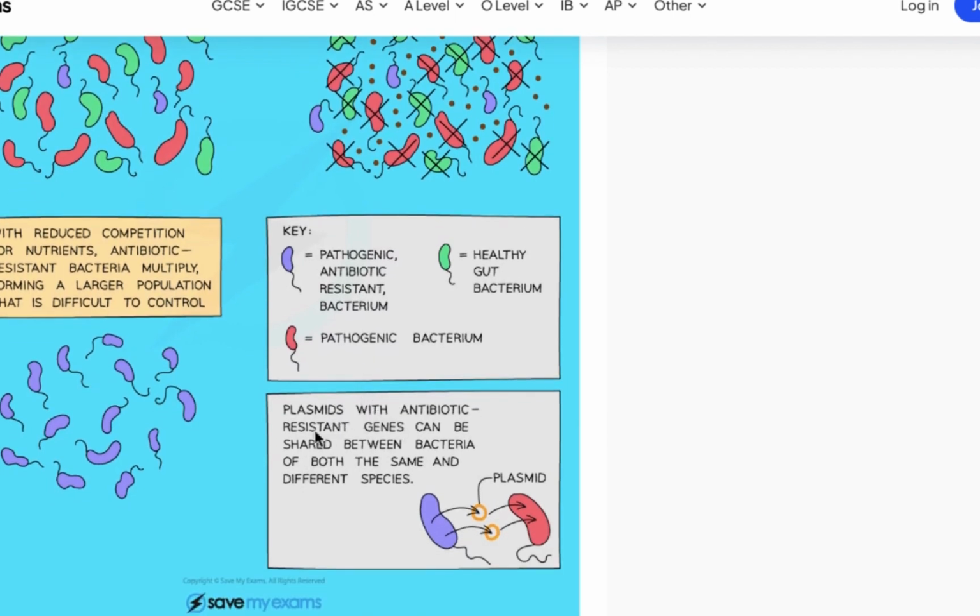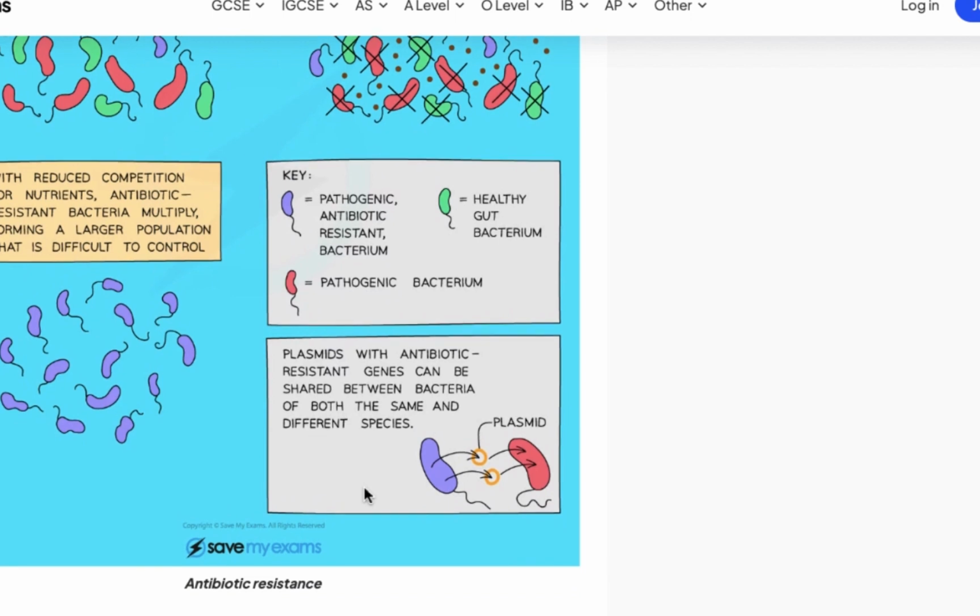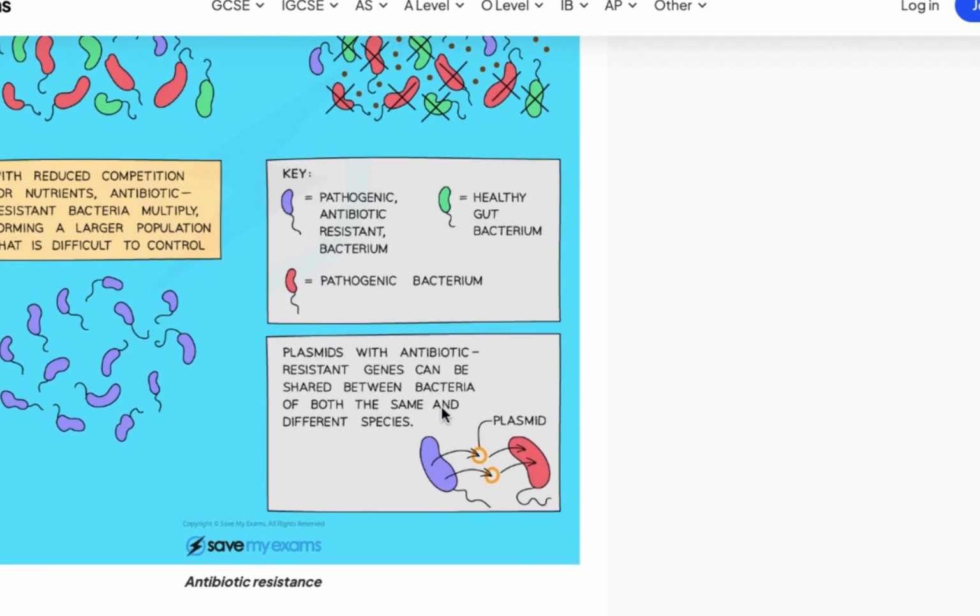Now we have what we call the plasmid with antibiotic resistant gene. It can be shared between bacteria of both the same and different species.